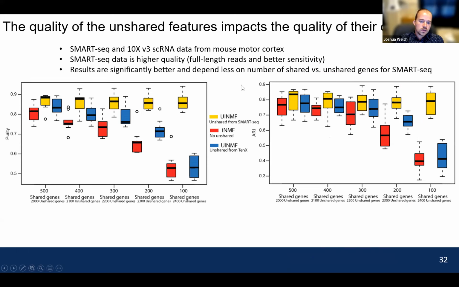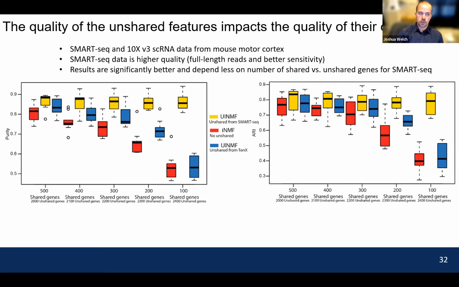Okay, so I'm about to change gears and talk about another integration scenario, but first I wanted to throw in the supplementary analysis that one of the reviewers asked for, which turned out to be pretty informative. One of the questions the reviewers asked us was, are there cases where incorporating unshared features makes the result worse or doesn't have as big of an effect?